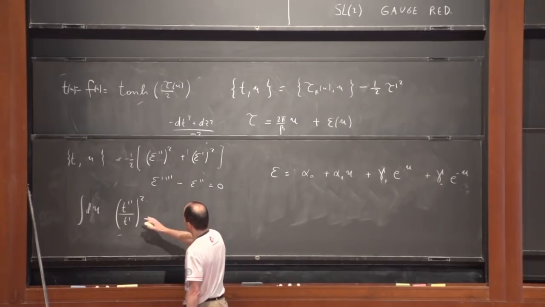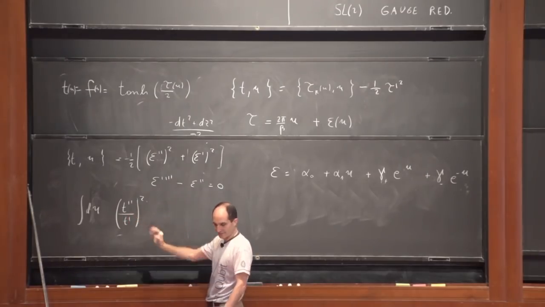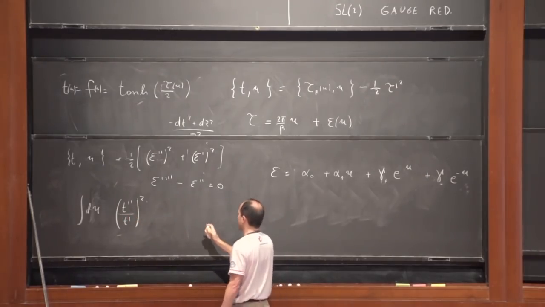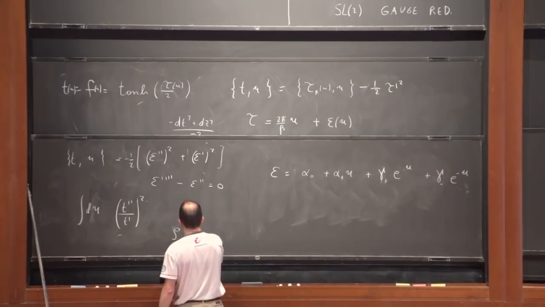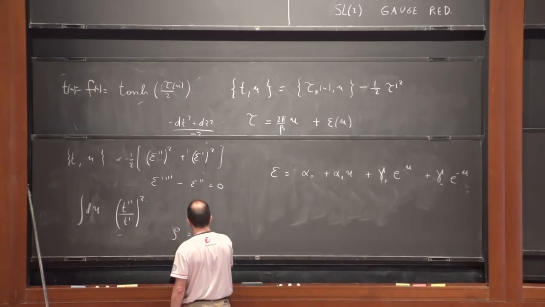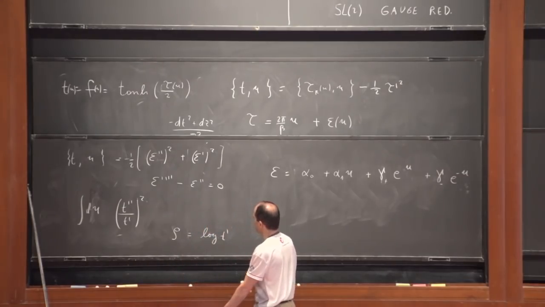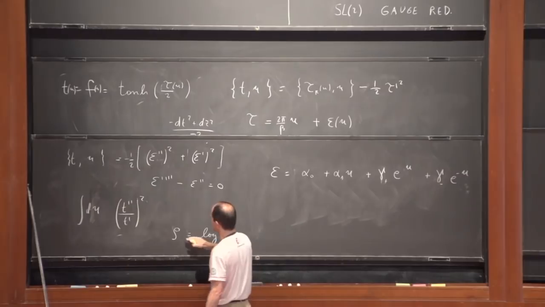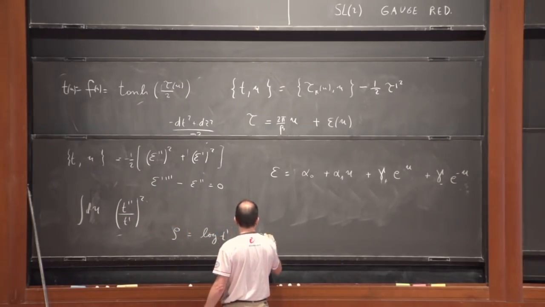So the Schwarzian again has one more term that I neglected because it's a total derivative. Okay. And now we define a new variable. Let me call it rho, which is logarithm of t prime, right? And then if we define this new variable, then this term here looks like rho prime squared.